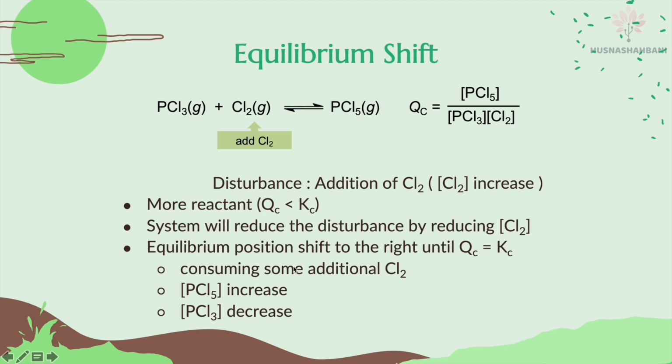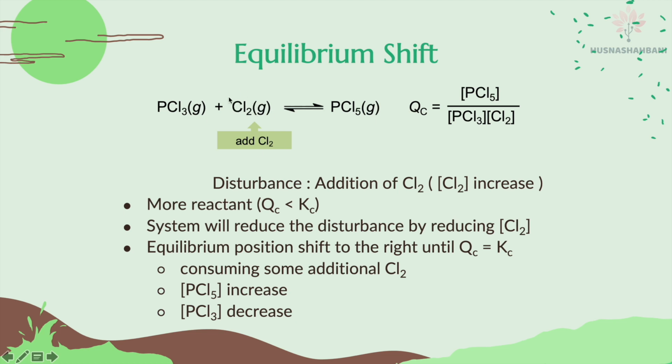To do that, the reaction must consume some additional Cl2, so it has to reduce the Cl2 by increasing the PCl5.